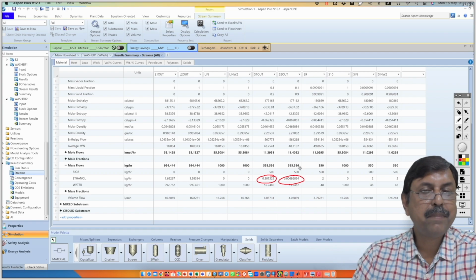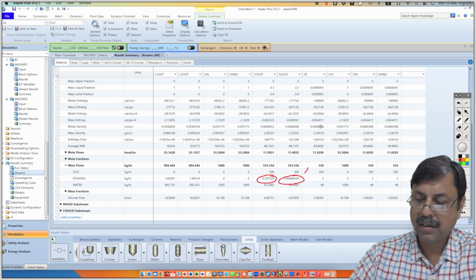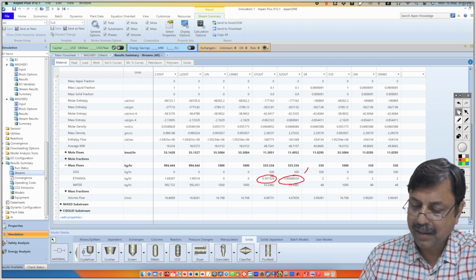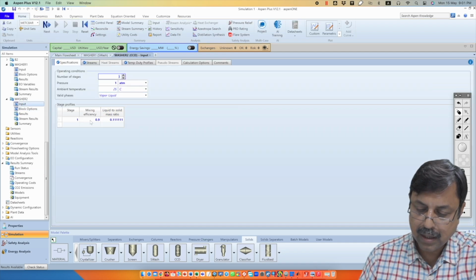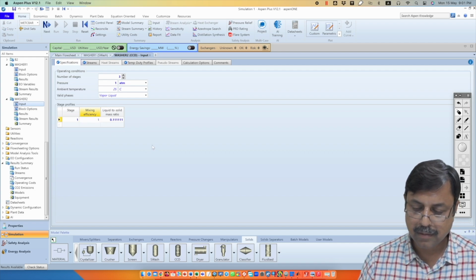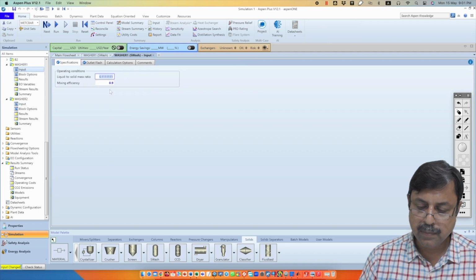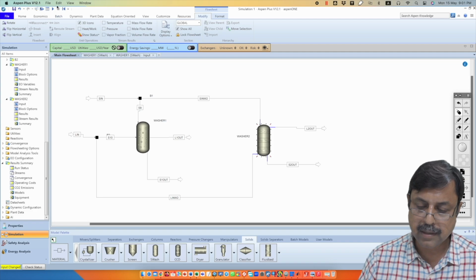Now with 90% efficiency, you are getting this much because you have a 3-stage washer. With 100% efficiency, just check for the sake of our curiosity, we can check the input of washer 2 you have to put in as 1. For a fair comparison, we can put it 1 as well, and then we run the system and check the data once again.